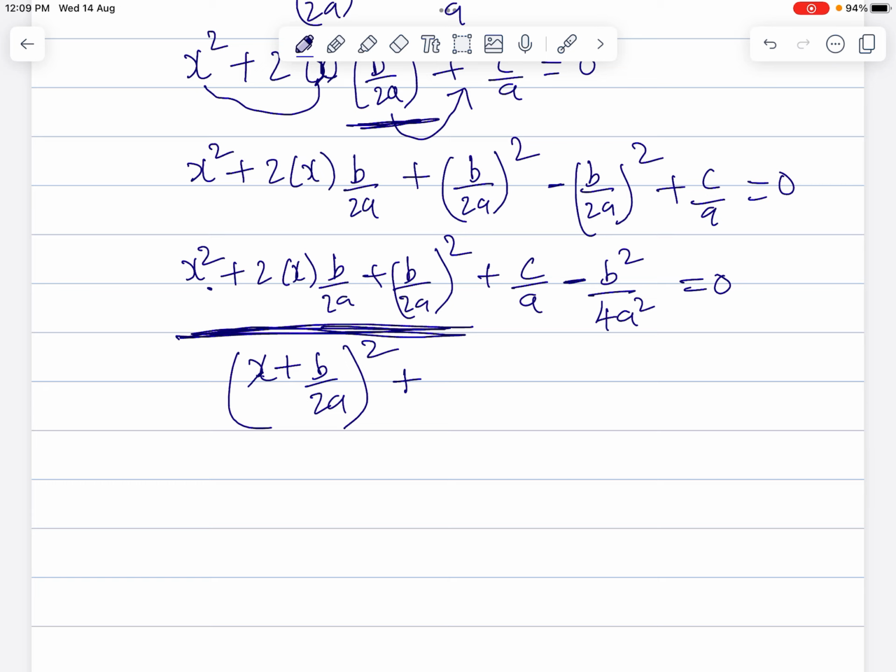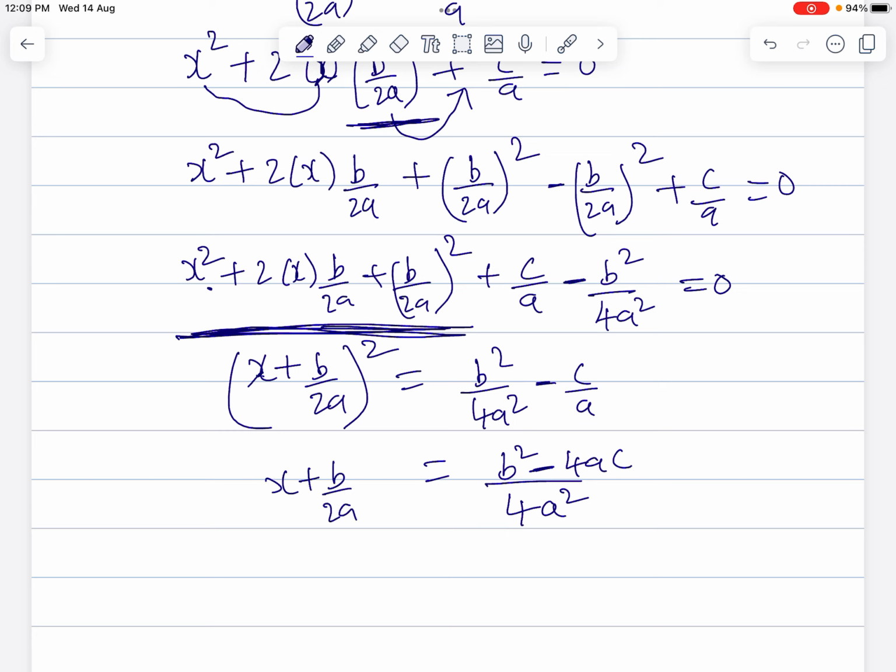Further simplifying, I am transferring the rest to the other side, we will have b square by 4a square minus c by a. Taking LCM, we will have b square minus 4ac by 4a square equal to x plus b by 2a whole square.